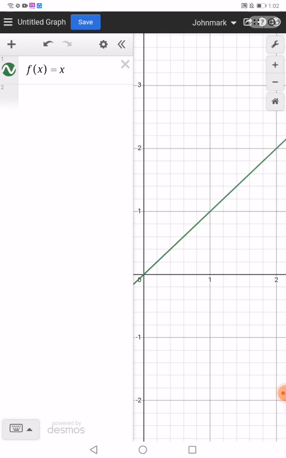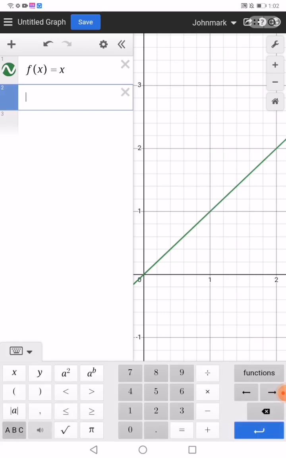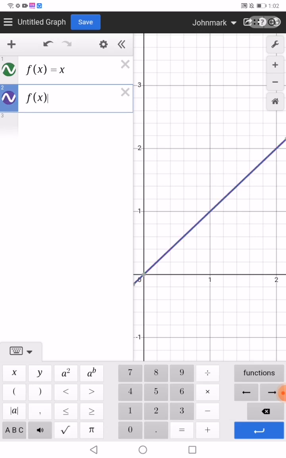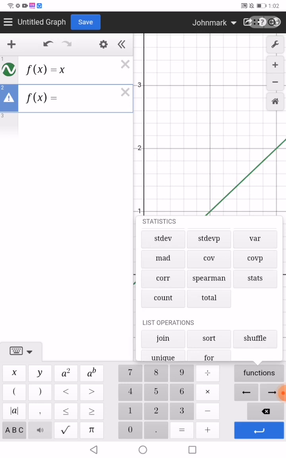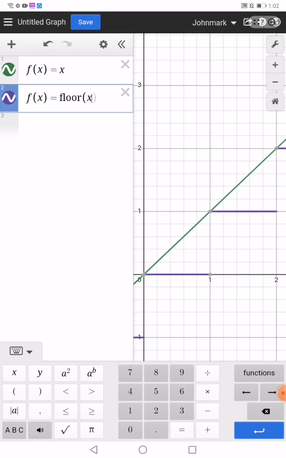So this time we also have a function known as the integer function, sometimes called the floor function, commonly used as floor of x, like that one. And you can see we have a staircase function with a length of 1 unit.